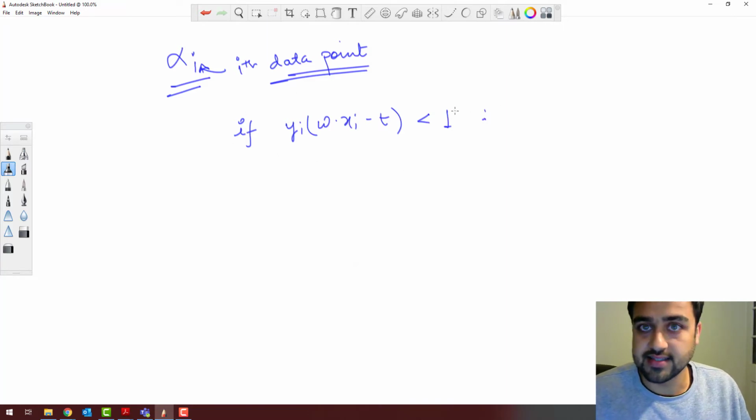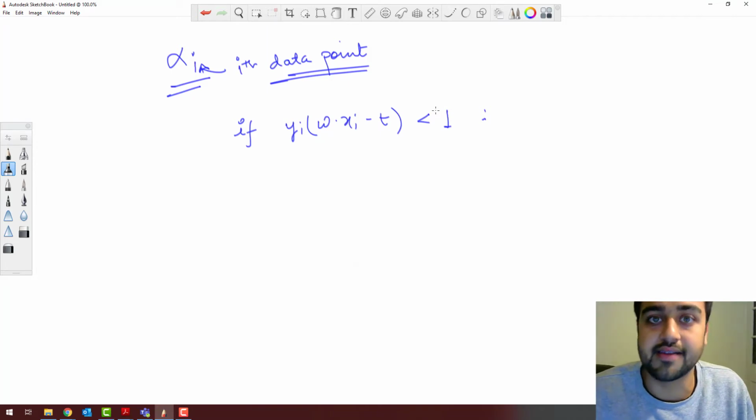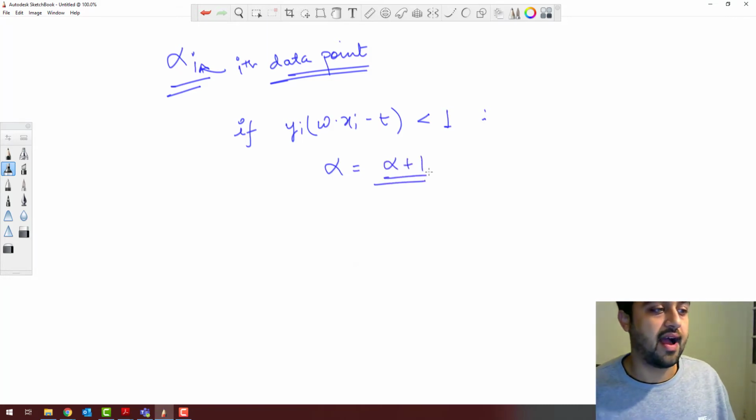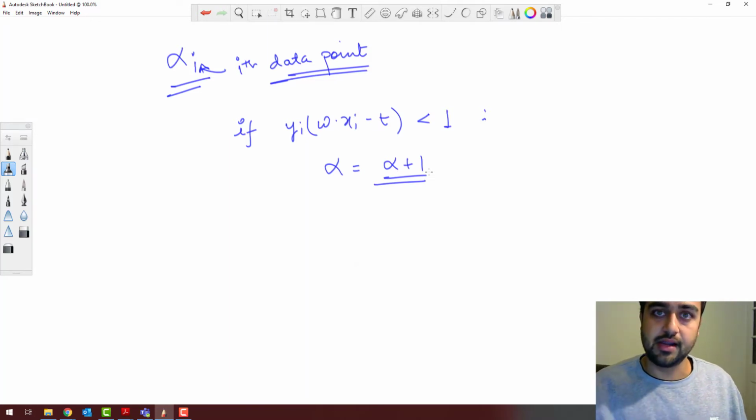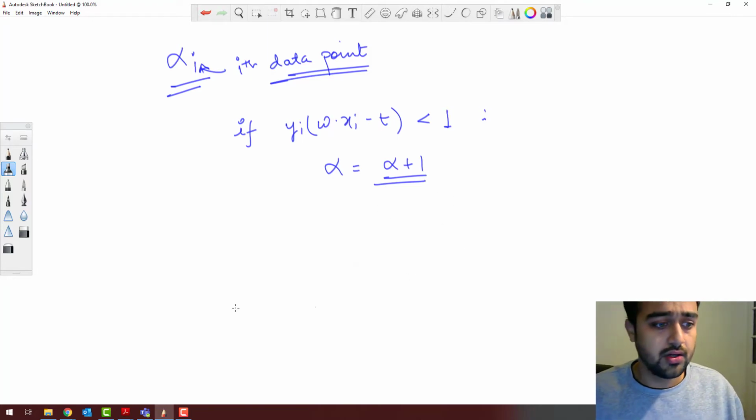That is, it's incorrectly classified, that it was either a positive sample classified as negative or a negative sample classified as positive. What we do is we increase the value of alpha by 1, right? So you can define alpha as a multiplier that is incremented by 1 every time the data point is misclassified, right? So that clears our alpha.